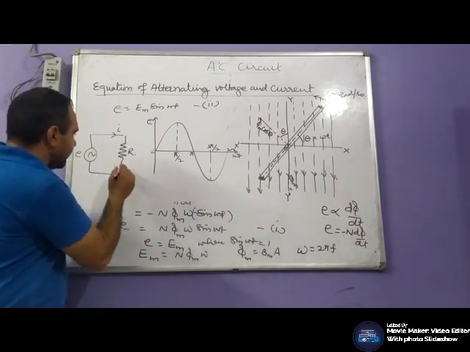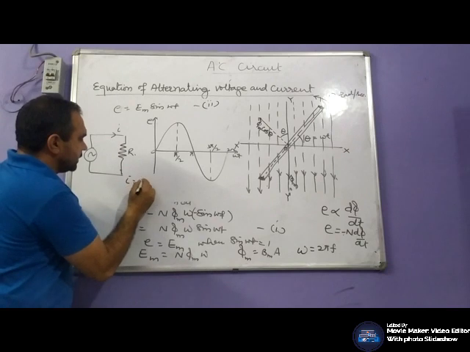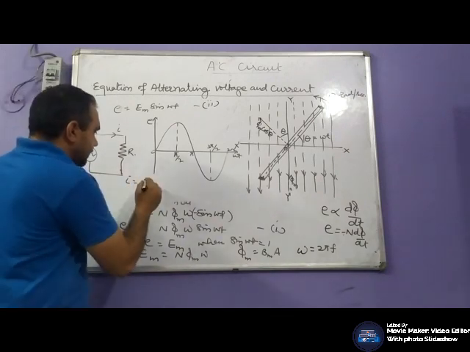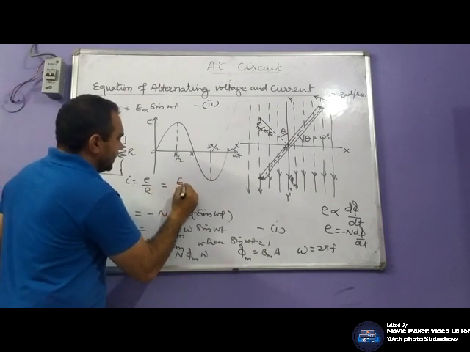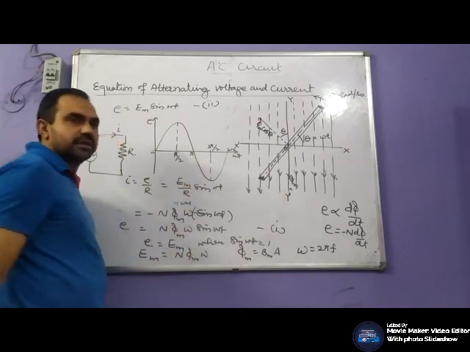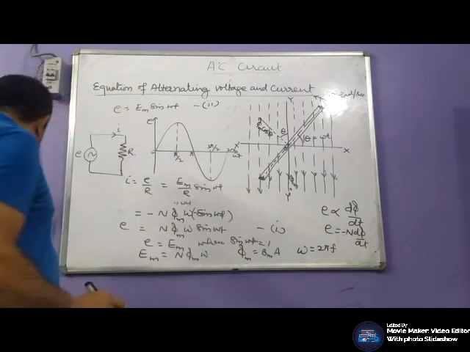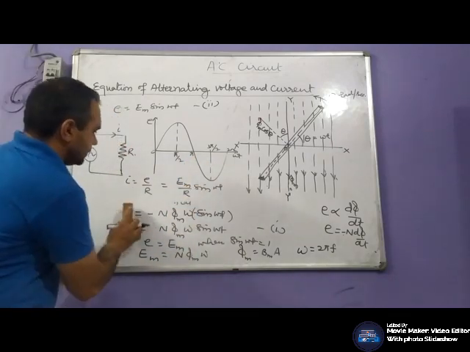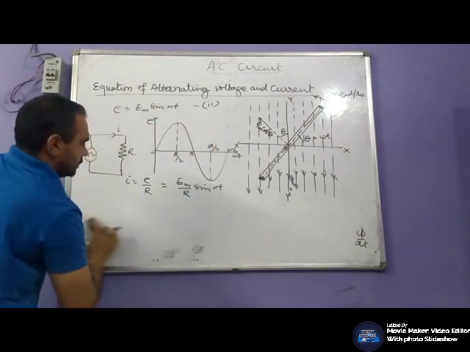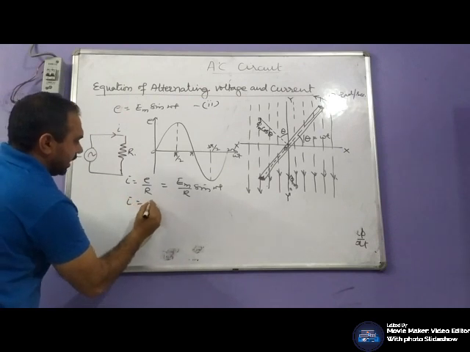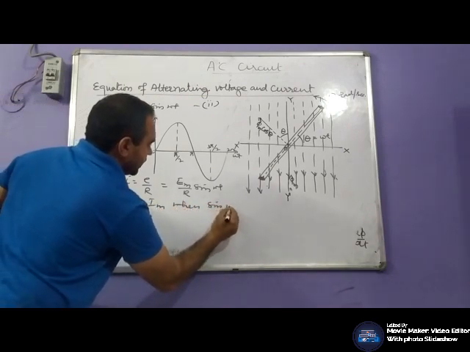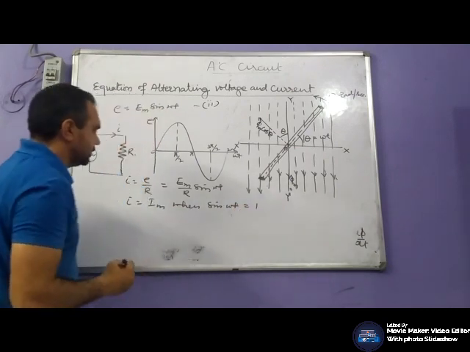And this current I is given by E by R, that is, Em by R sin of omega t. So this I would be I maximum when sin of omega t is 1.